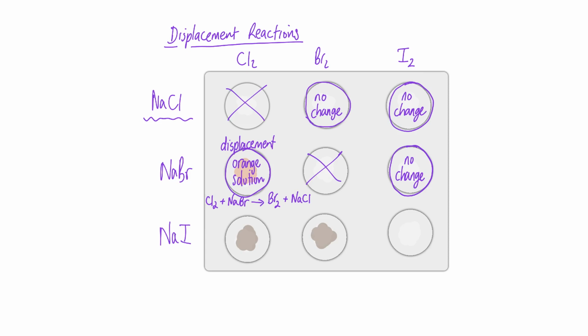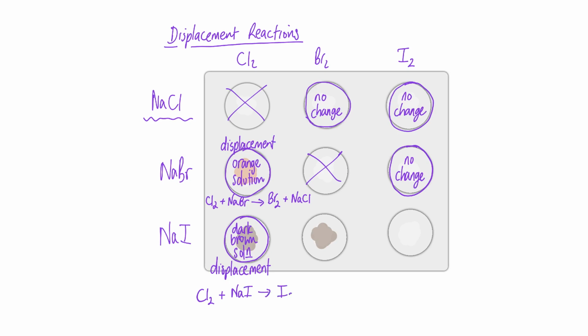Then here we've got the sodium iodide with the chlorine, and here we would see a kind of dark brown solution as our result. Let's put that for solution, okay. And again, this tells me that I've had a displacement reaction, and in this displacement reaction, the more reactive chlorine has stolen away the sodium from the sodium iodide.